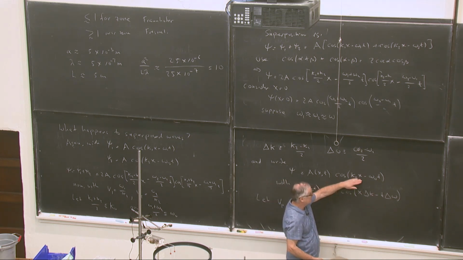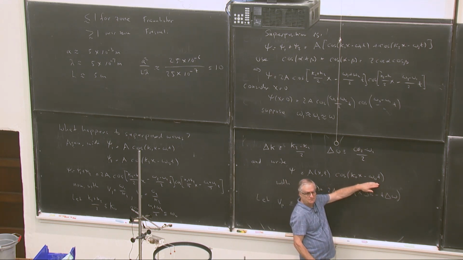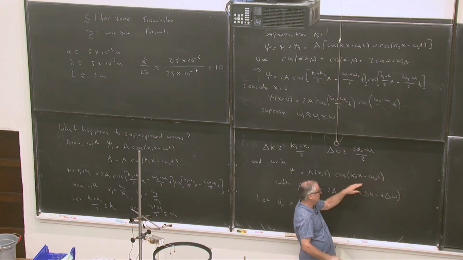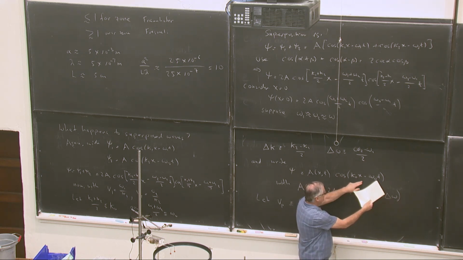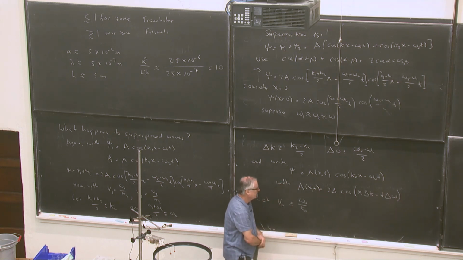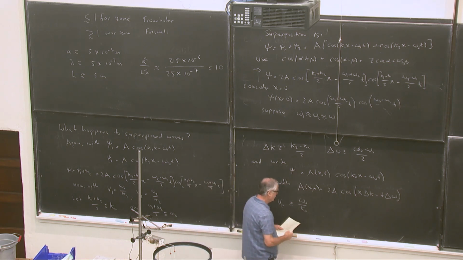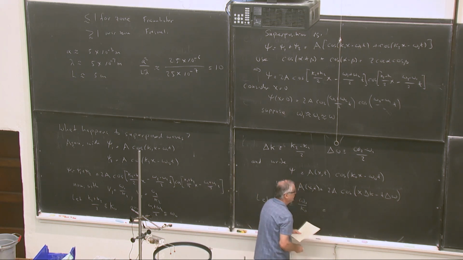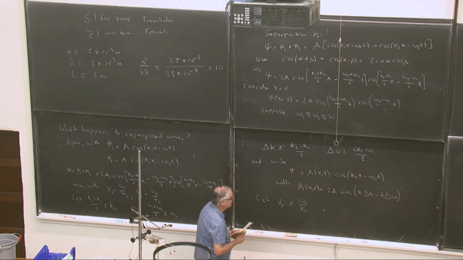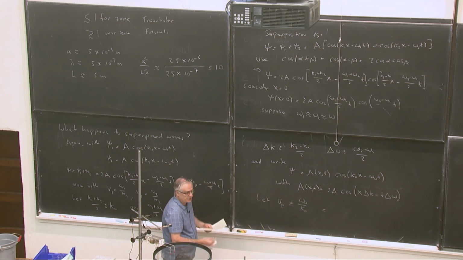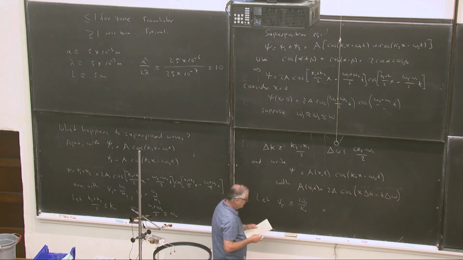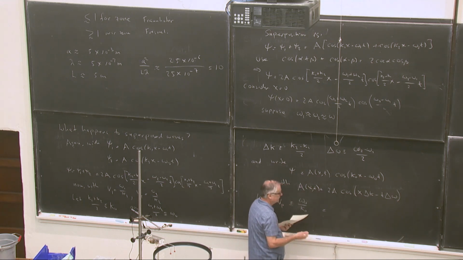That's the velocity of this wave here. This is a wave that's propagating with speed v sub p. If you like to think about it in terms of our k1, k2, omega 1, omega 2, we could express it in terms of either one.